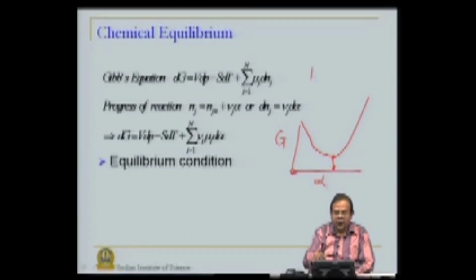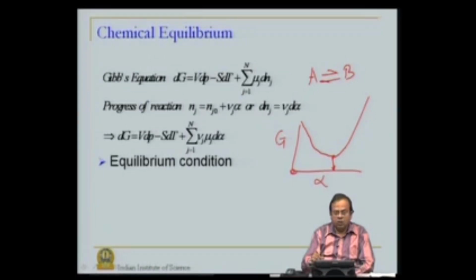So, for my reaction A going to B, the free energy is going to decrease and reach a minimum. If you are looking from B going to A, the same thing will happen: the reaction will reach a minimum.